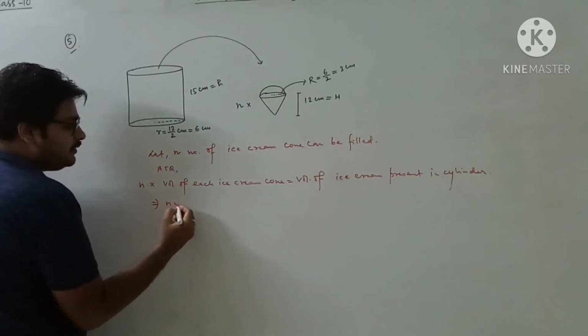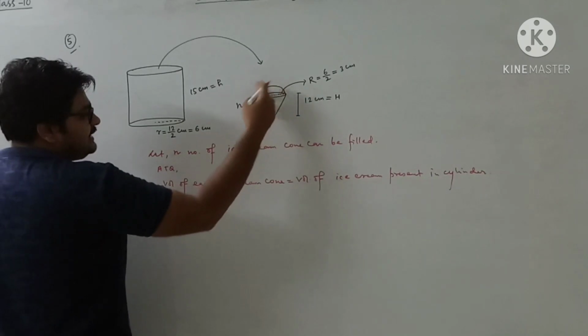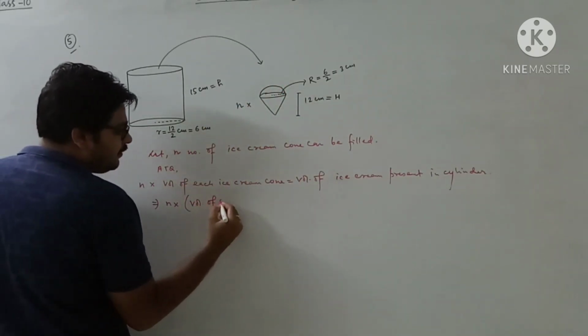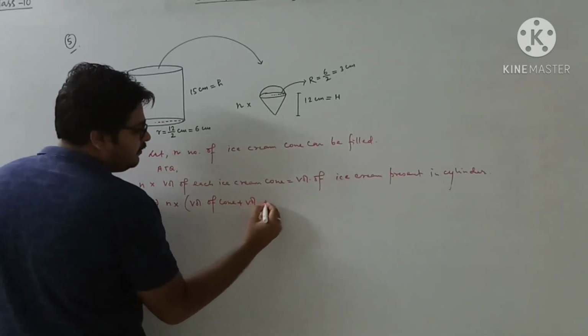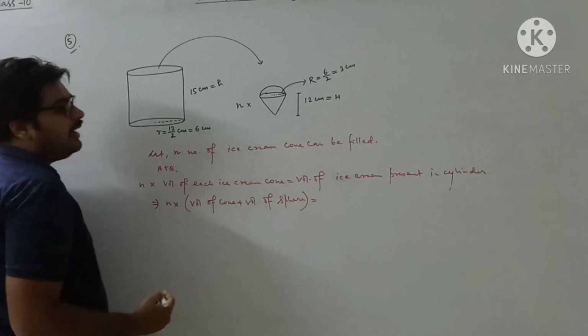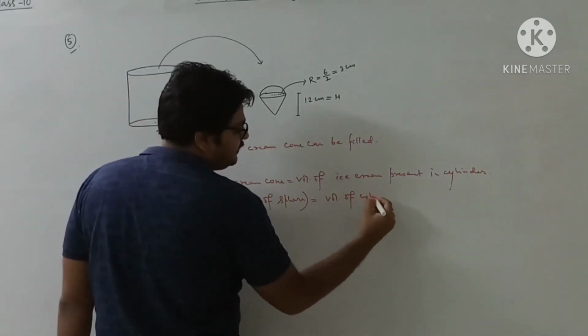So n into volume of each ice cream cone. Now each ice cream cone contains a cone and a hemisphere, so equal to volume of cone plus volume of hemisphere. And that should be equal to volume of cylinder.